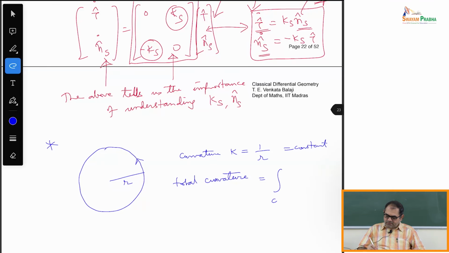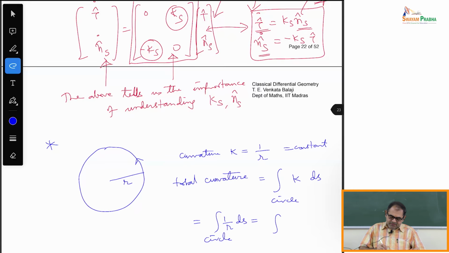So the total curvature will be the integral over the circle of k ds, and this k is 1 by r, so the integral over the circle of 1 by r ds.